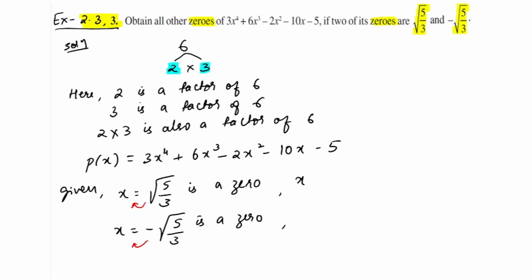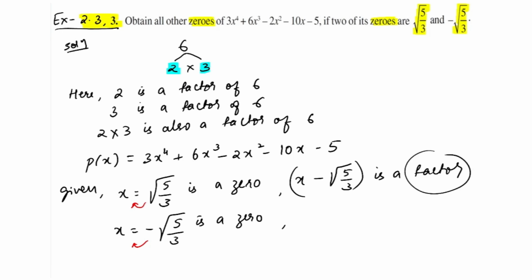So, x plus root of 5 by 3 will be converted to minus root of 5 by 3. Now this is a factor, or we can call this a zero also. Since here we are making use of the word factor, we'll say that x minus root of 5 by 3 is a factor. And here minus root of 5 by 3 will be converted to plus root of 5 by 3 is a factor.